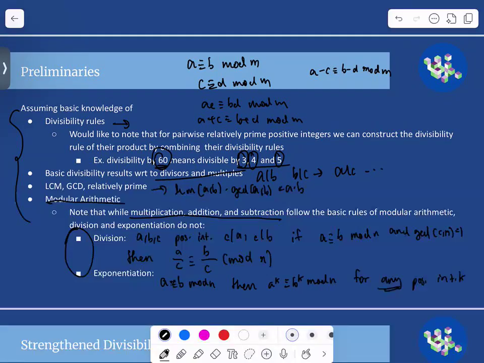By saying that A is congruent to B mod N, you can deduce that N divides A minus B, and A minus B divides A to the K minus B to the K. Thus we can deduce that N divides A to the K minus B to the K, which implies that A to the K is congruent to B to the K mod N. And A minus B always divides A to the K minus B to the K, because we can always write A to the K minus B to the K as A minus B times some other expansion.